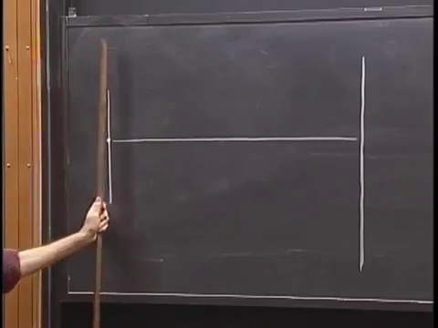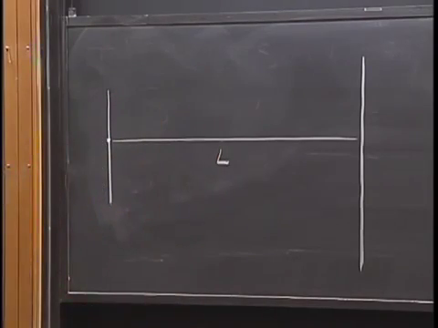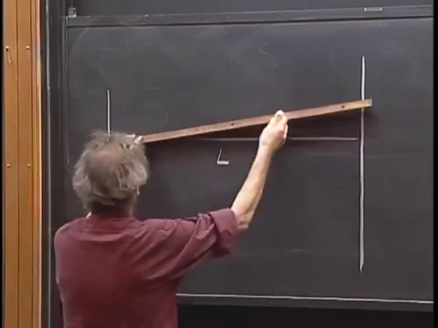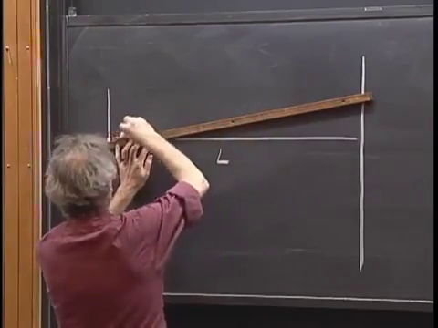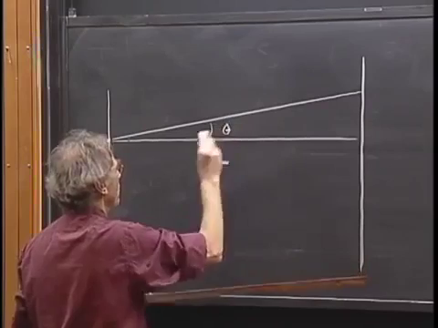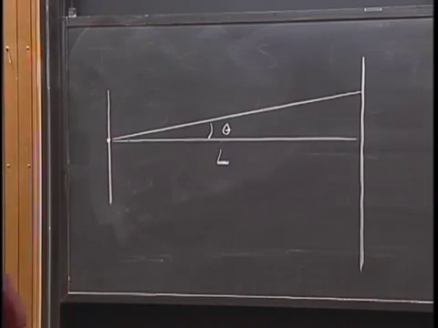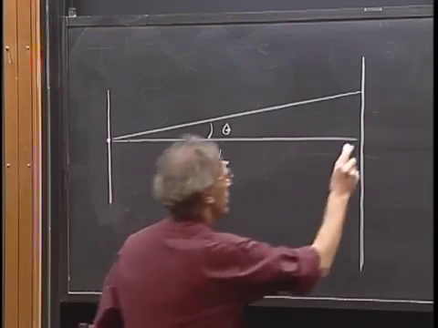So light comes in from the left. And let this distance be L. And so I want to know, if I look under an angle theta, as seen from the slits, I want to know what kind of pattern I will see. Let's call this x equals 0.